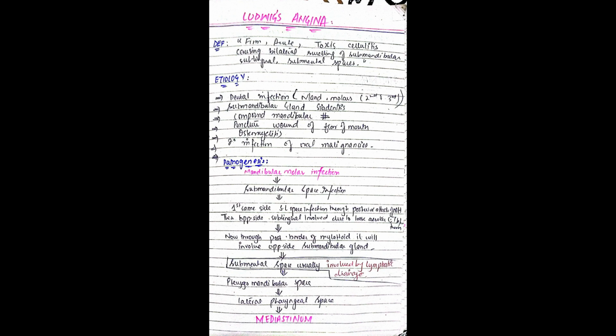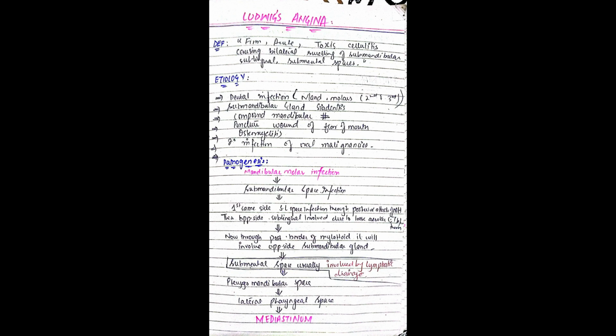Now from the opposite side sublingual space, the infection again spreads through the posterior attachment of the mylohyoid muscle to involve the opposite side submandibular space as well. So now, bilaterally, both the submandibular and sublingual spaces are involved and infected.